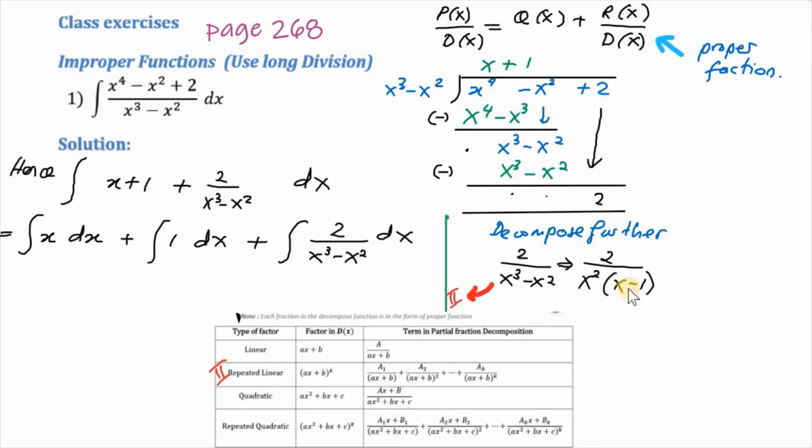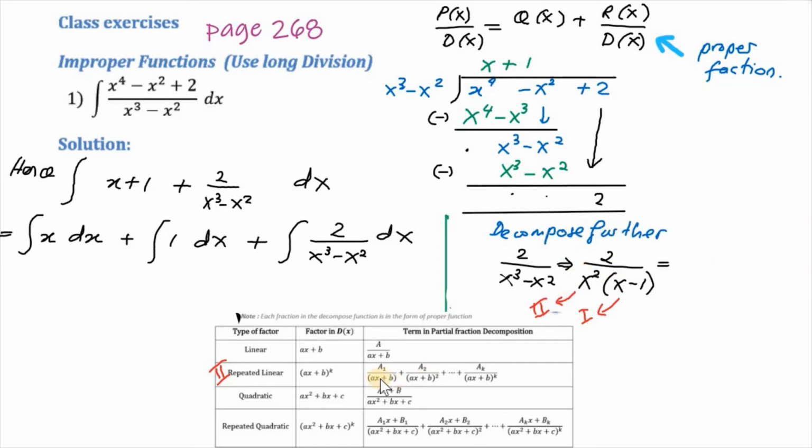And over here, for the x minus 1, this is an irreducible linear, case 1. I'm going to say this is case 2 just now. Erase this part. For case 2, how do we decompose it?